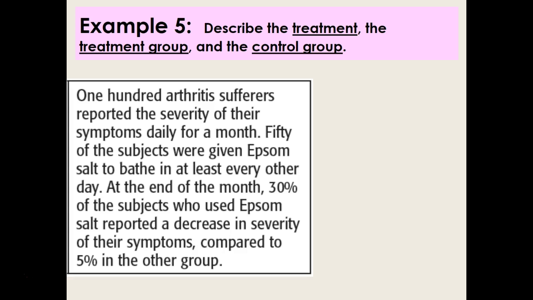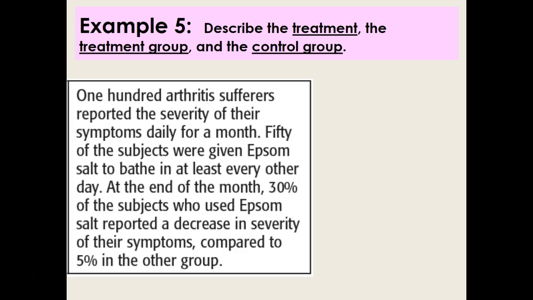Example 5. We want to here describe the treatment group, and the control group. So we know that we have an experiment. 100 arthritis sufferers report the severity of their symptoms daily for a month. 50 of the subjects were given Epsom salt to bathe in at least every other day. At the end of the month, 30% of the subjects who used Epsom salt reported a decrease in severity of their symptoms compared to 5% in the other group. And we're going to consider that the other group did not get Epsom salt or any other treatment, that they were identical except for the Epsom salt.